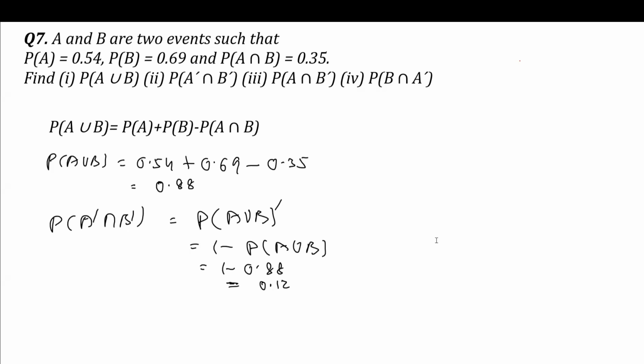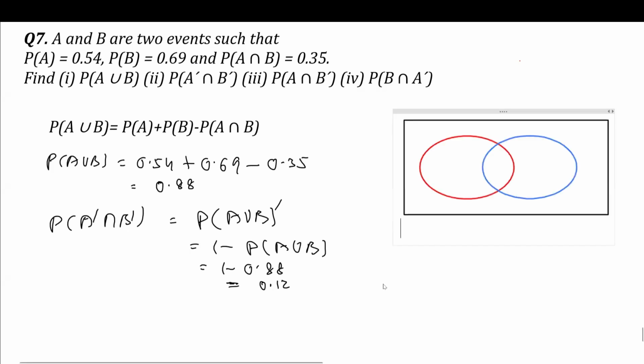I took one Venn diagram, and this one represents A and this other blue circle represents B. So what we have to find out is the intersection of A with B naught.